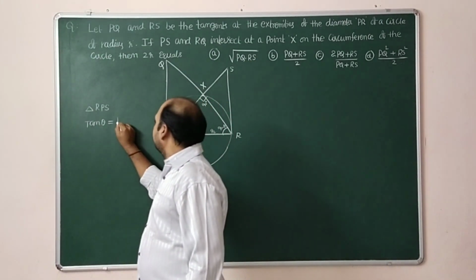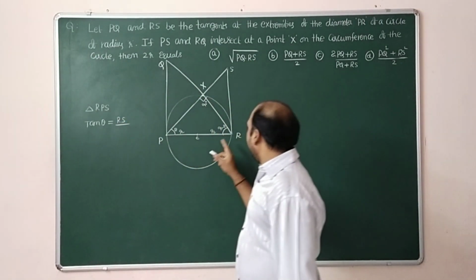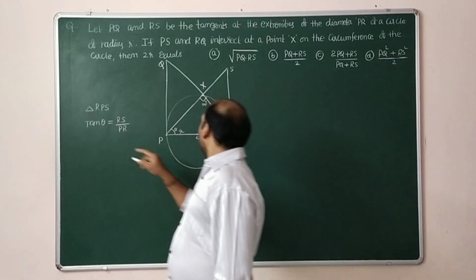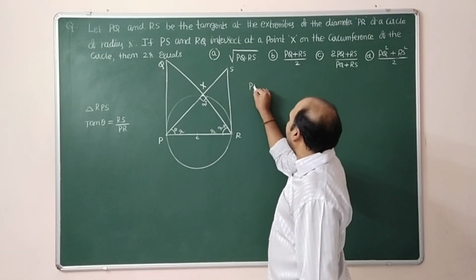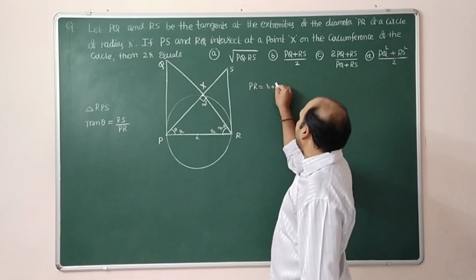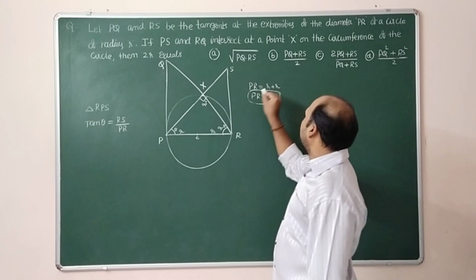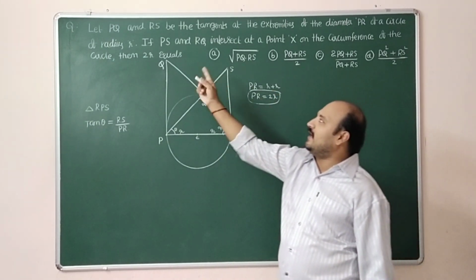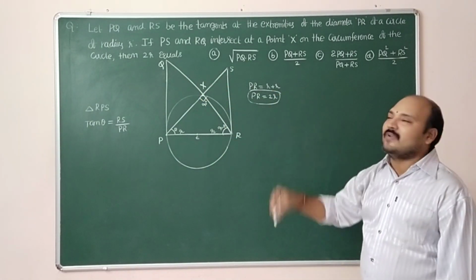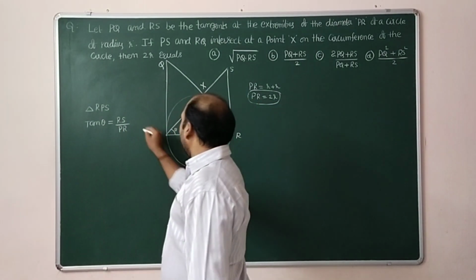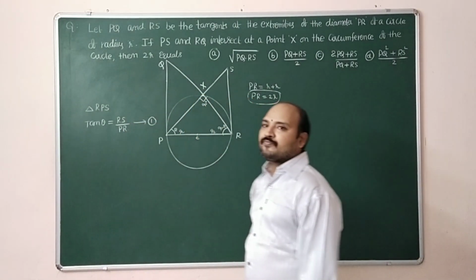RS divided by PR. From the figure, we know that PR is equal to R plus R, 2R. They are asking that only directly, 2R means PR value they are asking. So next, you put that as equation number 1.